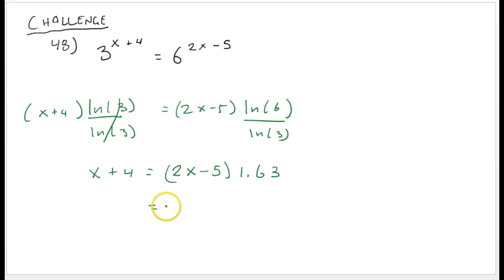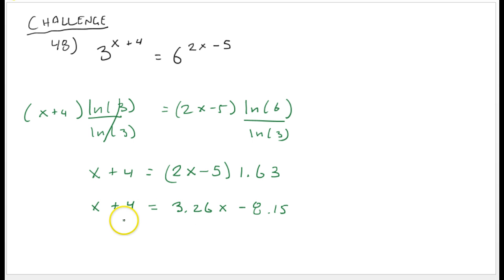When I do that, I get 3.26x minus 1.63 times 5, 8.15. On this side, we just drop down the x plus 4.